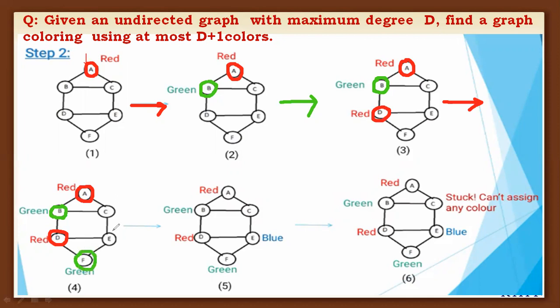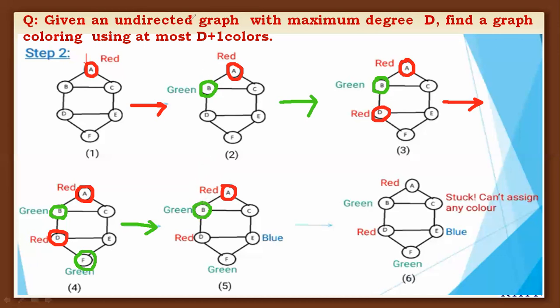Okay. Next, moving on to the next vertex. Let me try which color is used to fill vertex E. A was colored with red. B is colored with green.